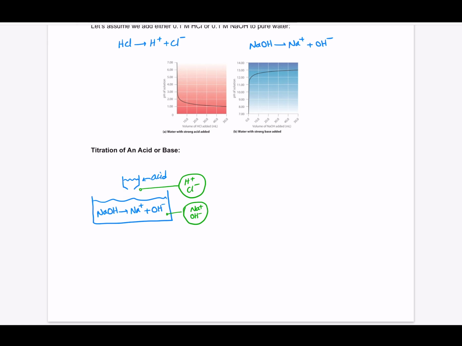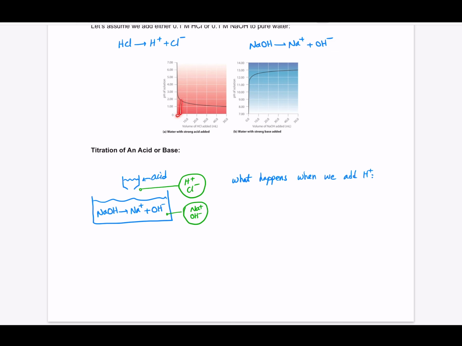Okay, we'll see. So right now we're adding H plus directly from HCl. But what happens when we add HCl or when we add H plus? In the case of pure water, it was directly impacting the pH, very sharp, very quick.